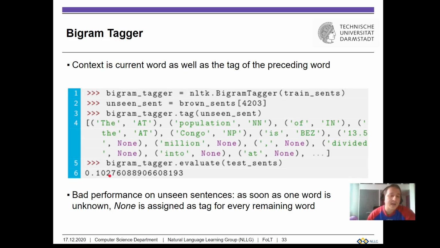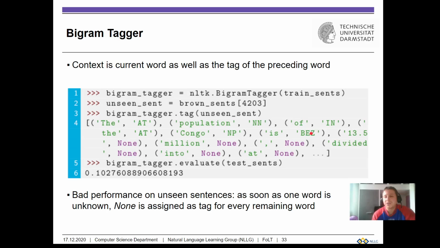Now, where does that come from? We have a more complex model, but it's actually performing worse. So this seems to be counterintuitive. But let's look into this one example here. First, it's doing reasonably. It's saying population is a noun, off is a preposition, Congo is a noun. Okay, and then you see it's assigning a label to is.